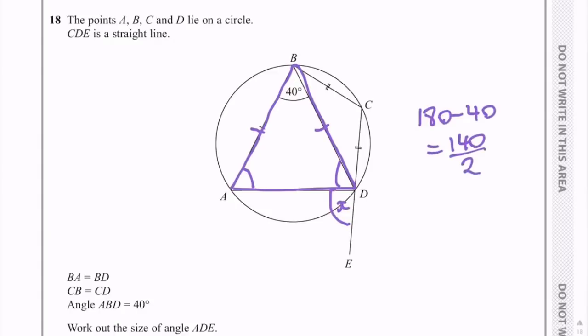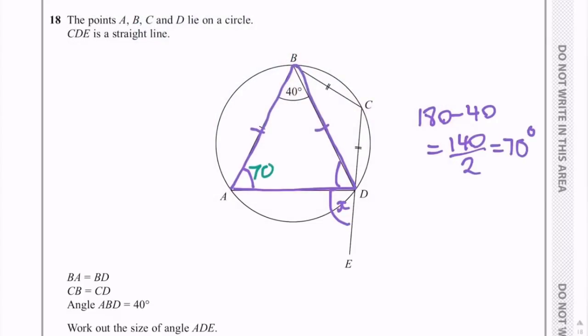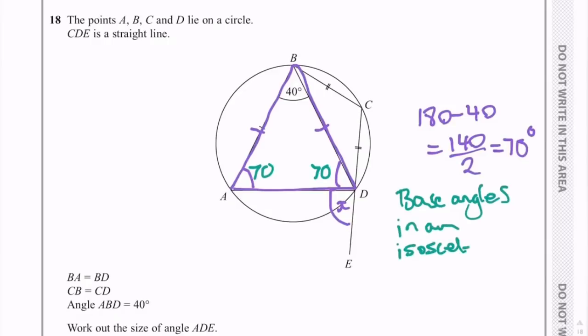Divide that by 2, gives us 70 degrees in each angle there. I'm going to label those 70 and 70. So I haven't actually had to use any circle theorems yet. My reason for that would be base angles in an isosceles are equal.